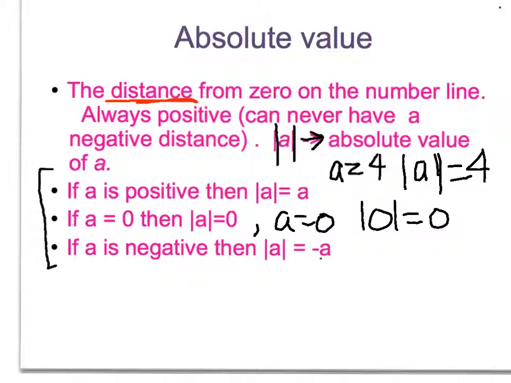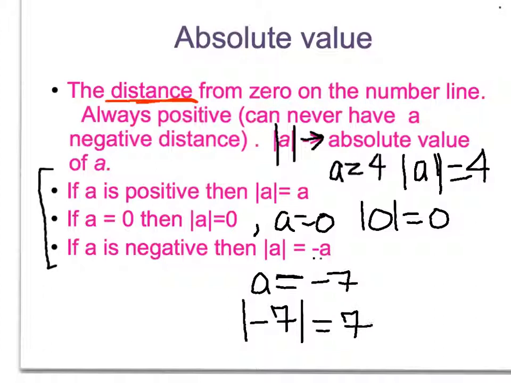If A is negative, so let's say A equals negative 7. Now this is kind of confusing because it almost looks like it says that the absolute value of is going to be a negative answer. But A equals negative 7. So the absolute value of A, of negative 7, what is the opposite of negative 7?